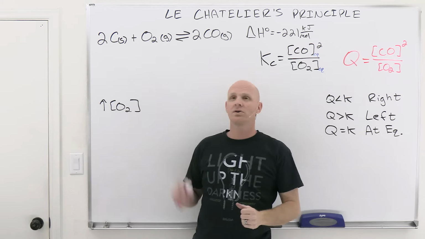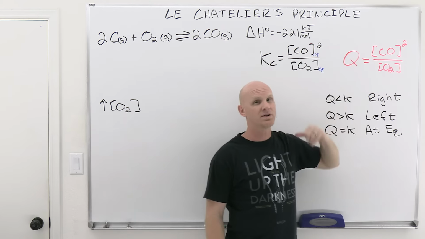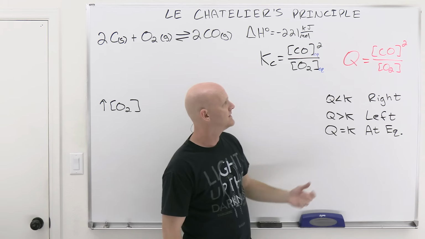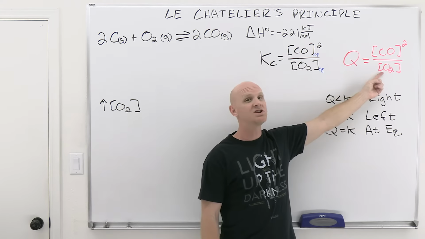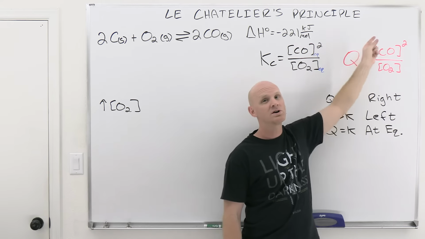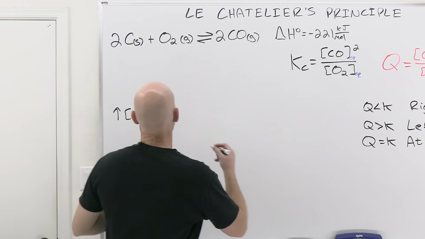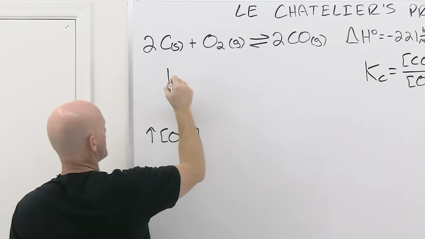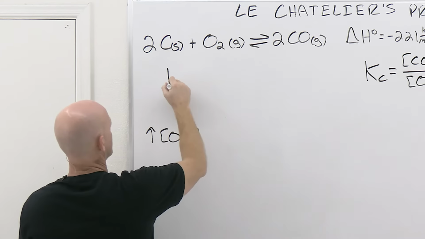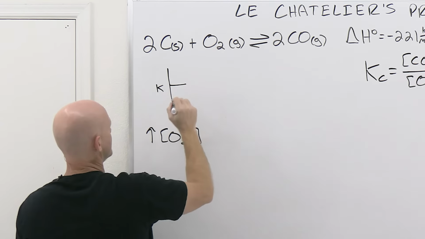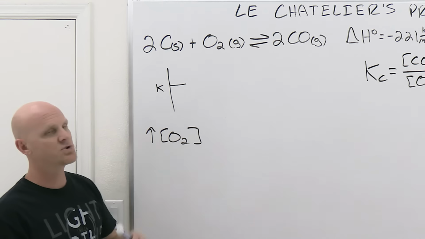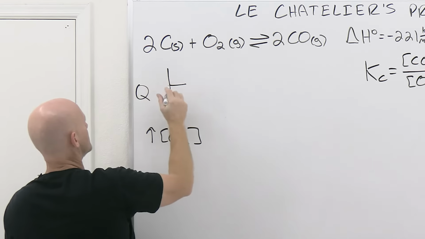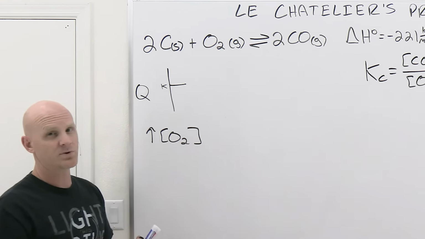Well, by adding O2, what did that actually do to this ratio? Did it make it bigger or did it make it smaller? Because a second ago, it was actually equal to K. Well, in this case, by increasing the value of the denominator, it makes this ratio smaller. So let's take a look at this graphically for a second. And so we're going to have a reaction, and what we're going to have is K right here. And when I increase the concentration of O2, and actually, I guess we should look at this, this is Q, but this value right here specifically is K. And so it starts out, it's at equilibrium.